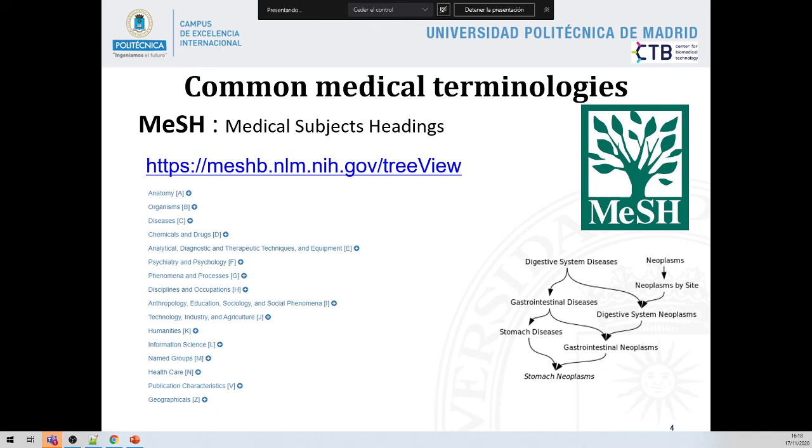You have different types of MeSH terms. As you can see here in the slide, starting with A would be anatomy. I'm mostly interested in those starting with C, for diseases, but there are many of them. And a cool thing about MeSH is that it has different categories.